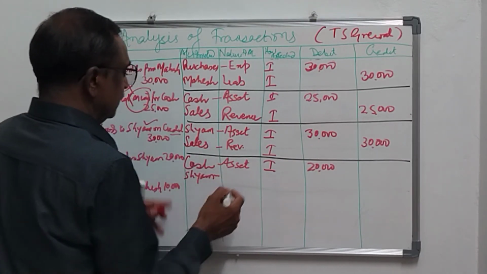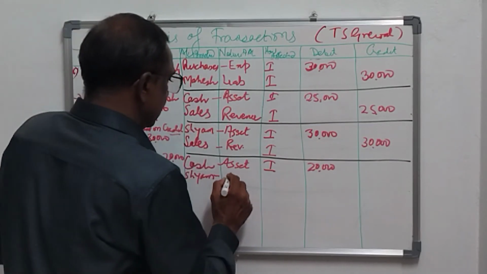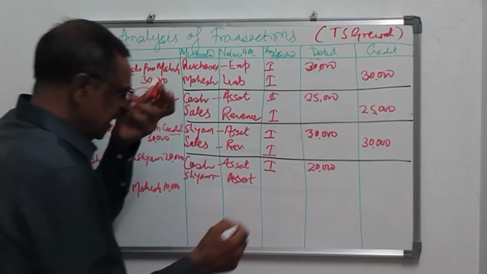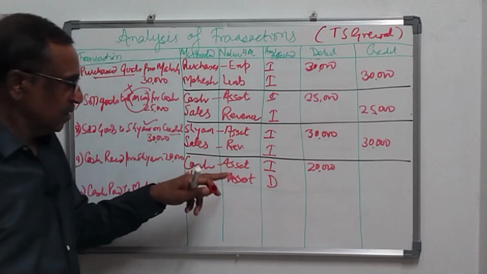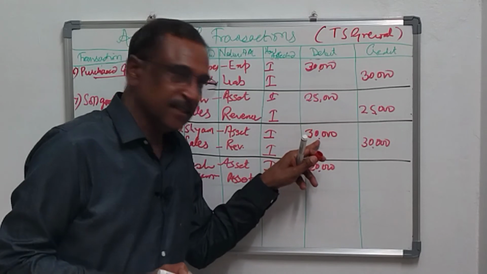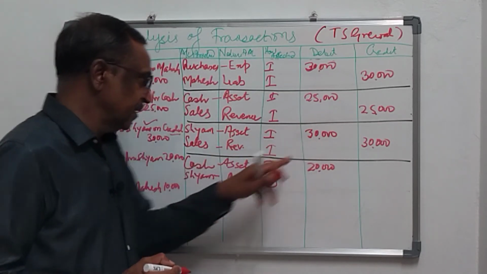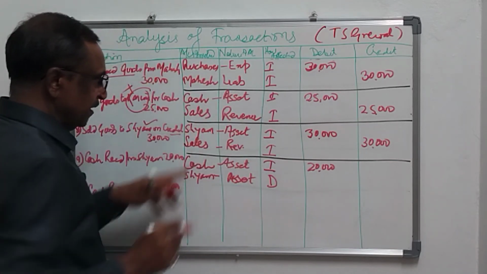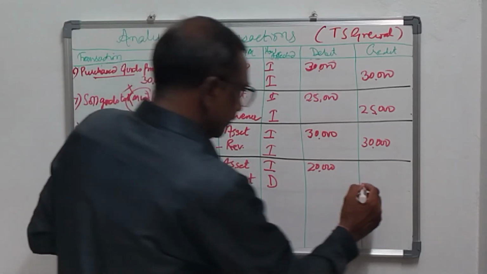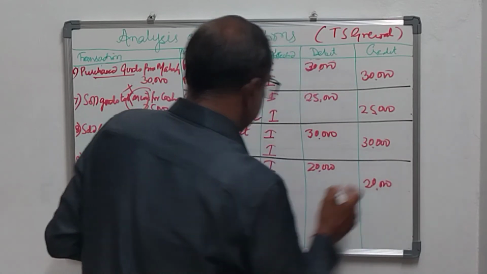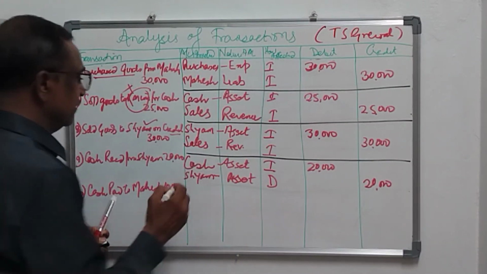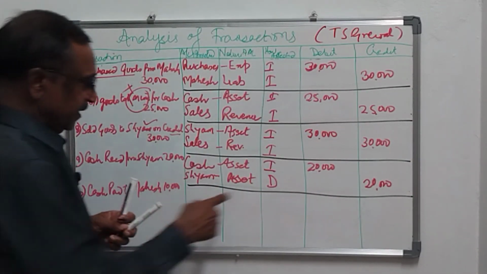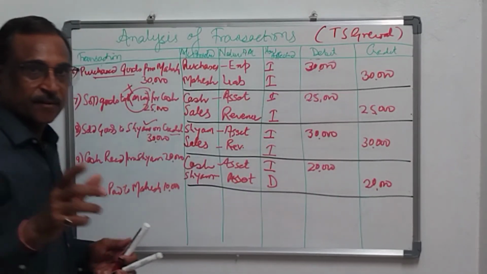So Shyam is your asset now. And now there is decrease in asset because earlier he was worth 30,000. He had to repay 30,000, and out of which he is paying 20,000. So there will be a decrease in the value of asset by 20,000. So decrease in asset is debited. Okay. Sorry, decrease in asset is credited.